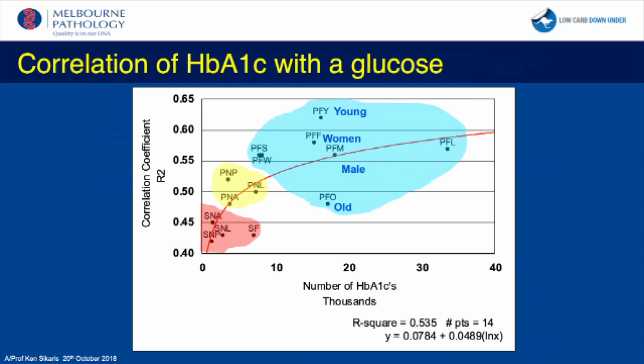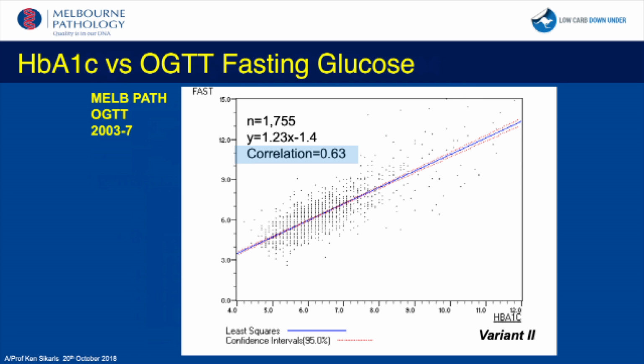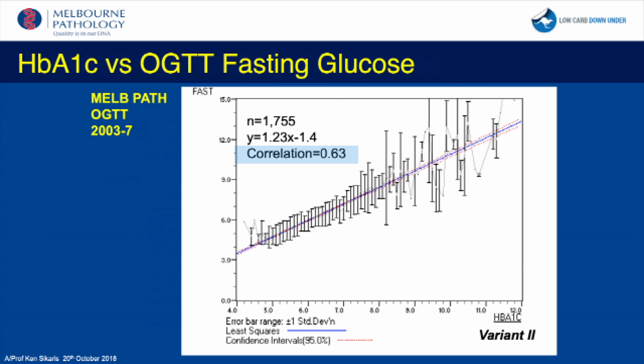But the correlation is really barely above 50% for a single glucose level. And here's for a glucose tolerance test, the fasting level, the correlation is 0.63. 63% of it's predictable. And interestingly, a fasting glucose level of 7 equates to an A1c level of about 6.8%.